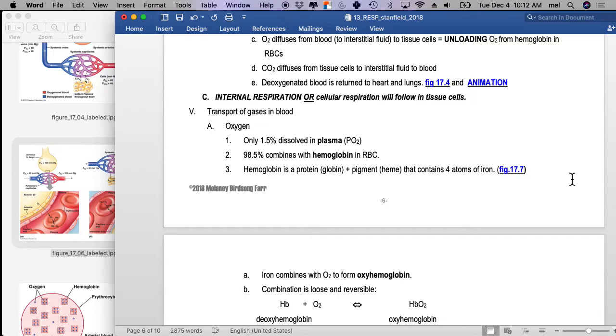So at any given moment, most of the oxygen that is traveling from point A to point B in the bloodstream is on the bus. 98.5% of oxygen that is carried at any given moment will be inside the red blood cell riding on hemoglobin. Does that make sense? Okay.